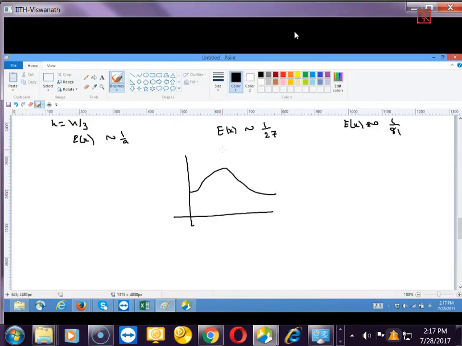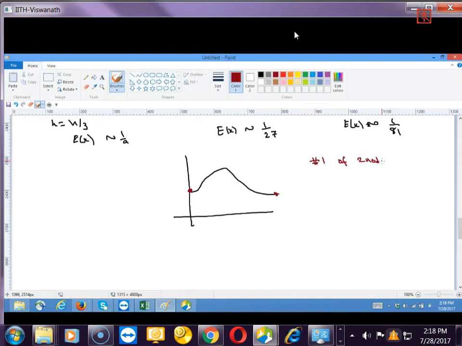If I'm using only one element, then one element is nothing but, let me rewrite it as 1, 2, one element of a two noded bar.